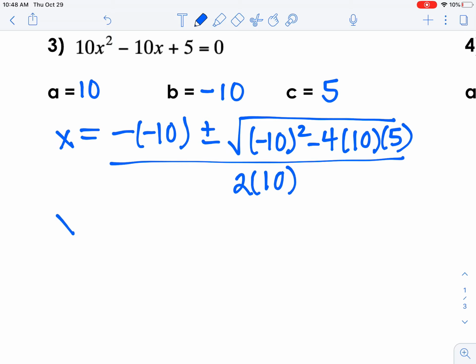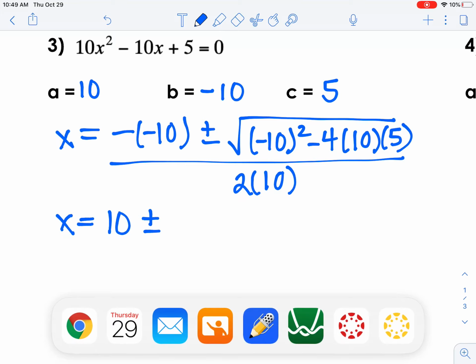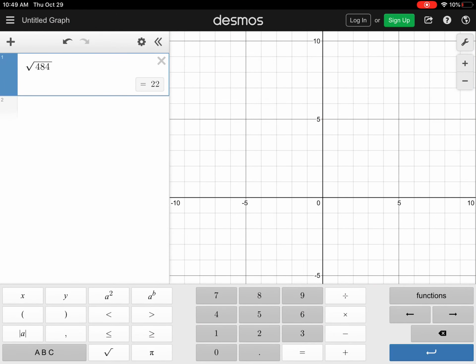Okay, so now negative negative 10 is just positive 10 plus or minus, okay, negative 10 squared minus 4 times 10 times 5. So if I clear this out, I have negative 10 squared minus 4 times 10 times 5 is negative 100.